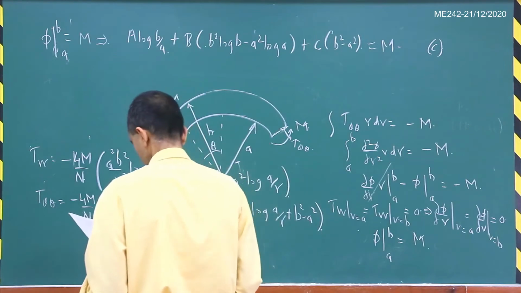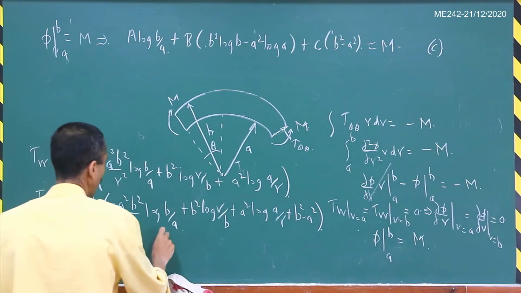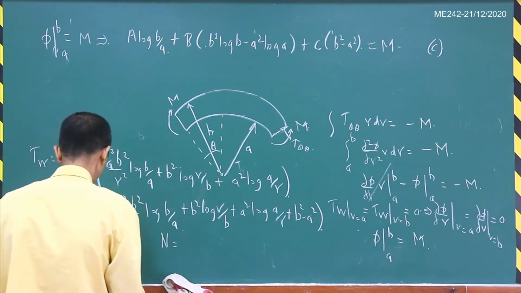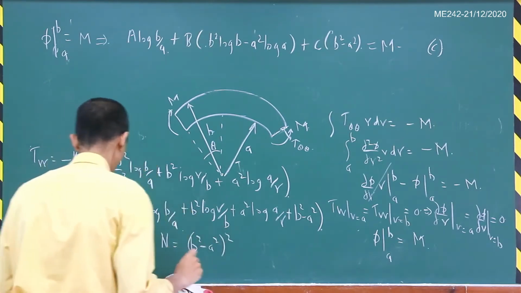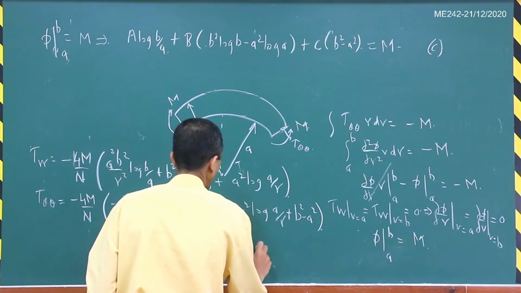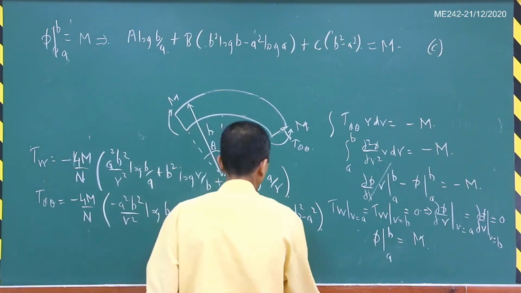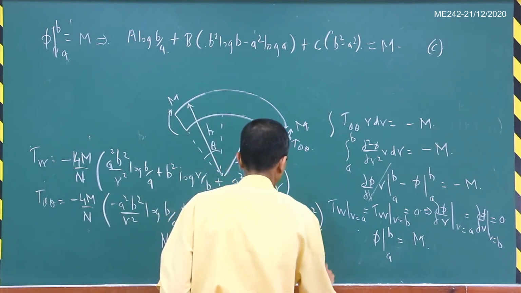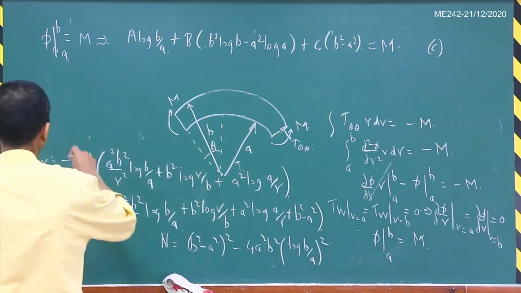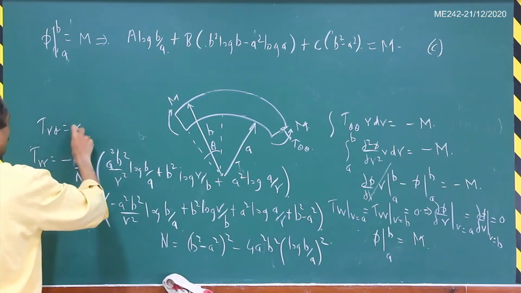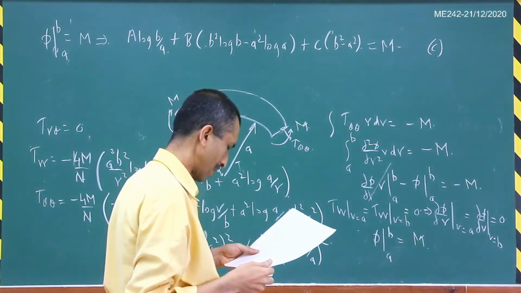So this n is the denominator. So this n is equal to b square minus a square, all squared, minus 4a square b square times log of b by a, squared. Okay, so this is the solution that you get, and of course tau r theta is equal to 0. So tau r theta equal to 0, that I already indicated in the beginning is trivially satisfied here.